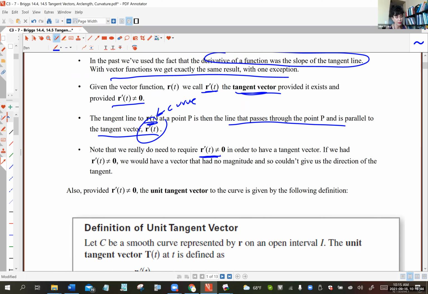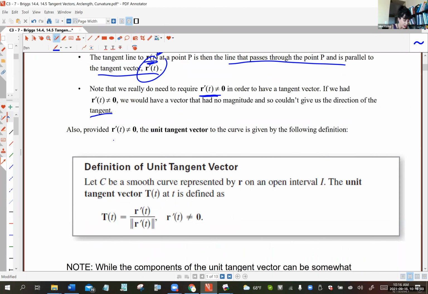When is r prime equal to 0? If your curve has a sharp corner or a cusp. A lot of times that's when your r prime is either going to be 0 or undefined. Otherwise you'll not have a direction for your tangent vector. As long as your r prime isn't the zero vector, everything's cool.